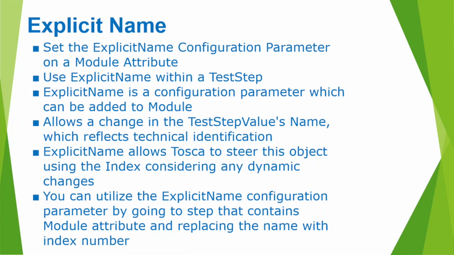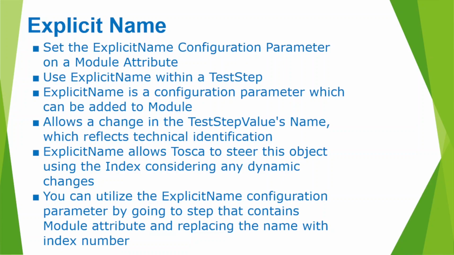As soon as you use explicit name in the module attributes, you can simply use your index while defining the test step. You can utilize the explicit name configuration parameter by going to the step that contains the module attribute and replacing the name with the index number.